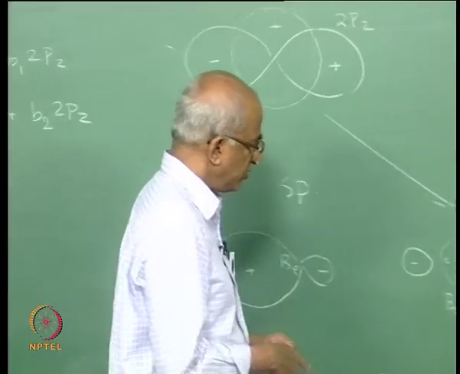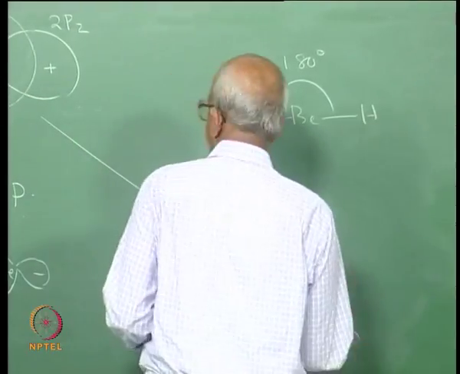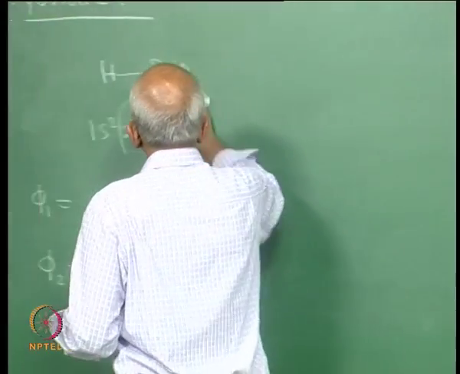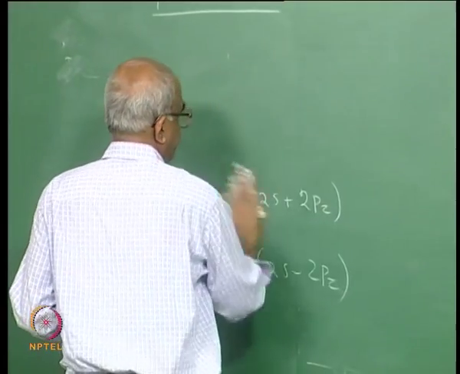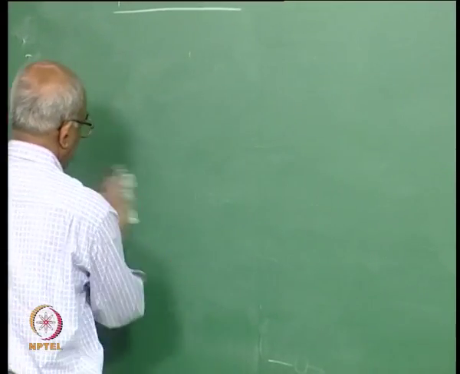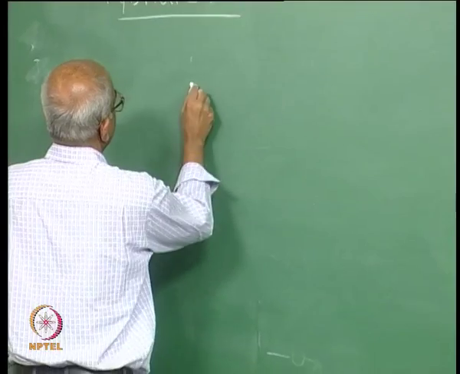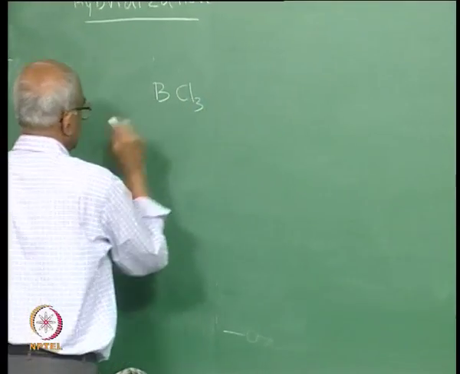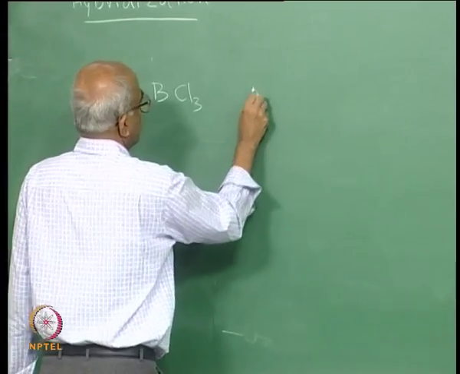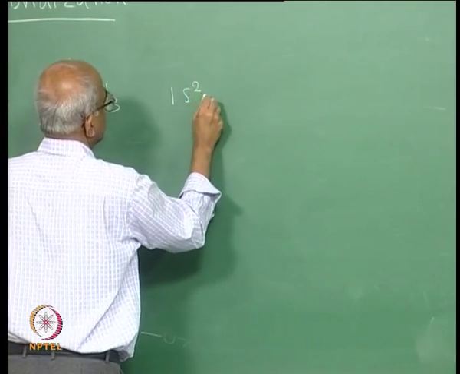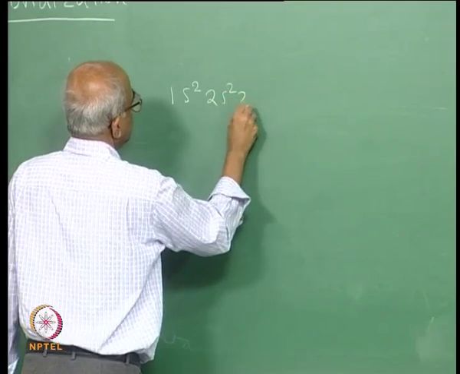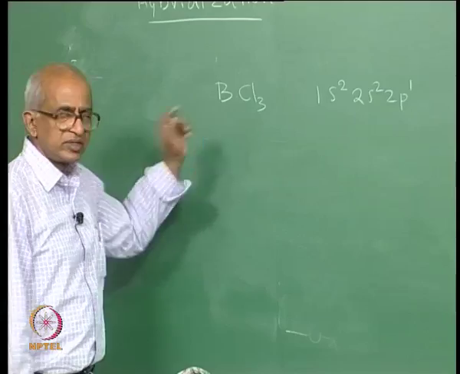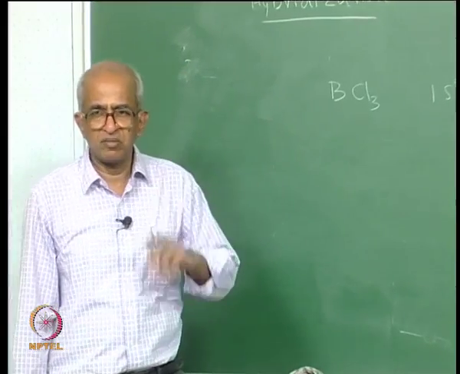But you would already know that there are other systems. For example, if you have the molecule BCl3, a molecule involving boron, you have boron with the electronic configuration 1s2, 2s2, 2p1, but it is able to form 3 equivalent bonds.